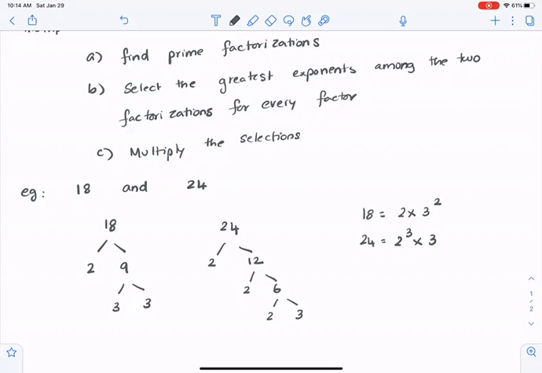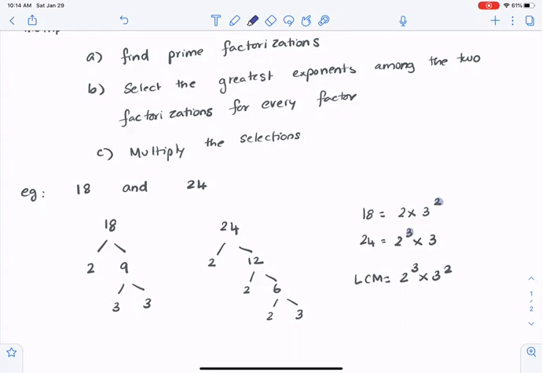So the smallest multiple that you can come up with between the two is 2 cubed multiplied by 3 squared. I'm picking the bigger power or exponent.